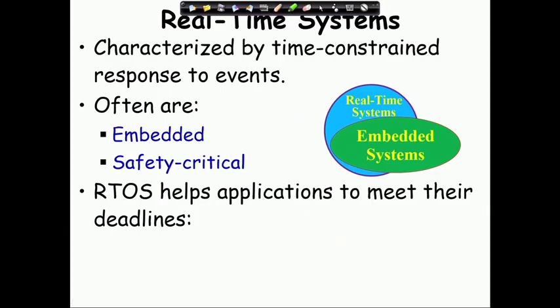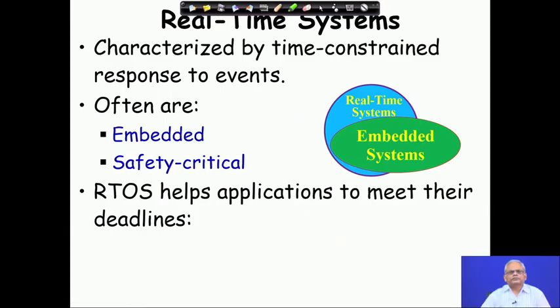So, the next question is what is the role of the real time operating system in these real time systems? Actually, the primary purpose of real time operating systems is to help the tasks meet their deadlines. There are other features of the real time operating systems, as you will see, but the primary feature is that it lets real time applications meet their deadlines.